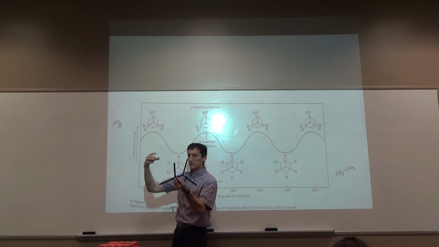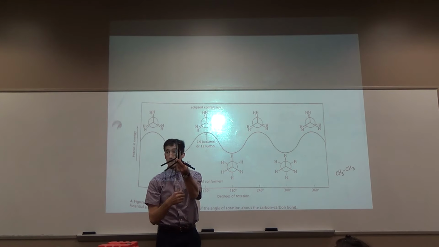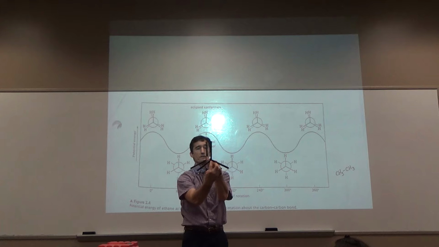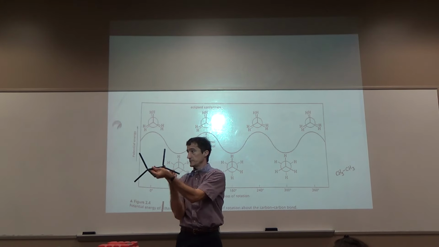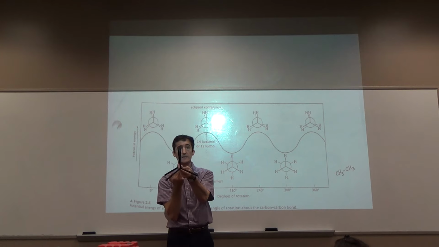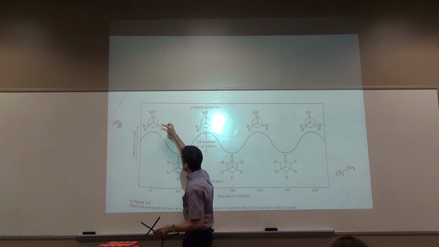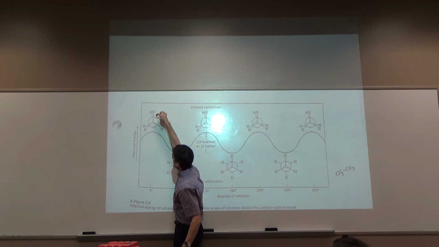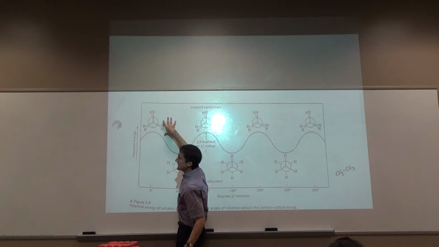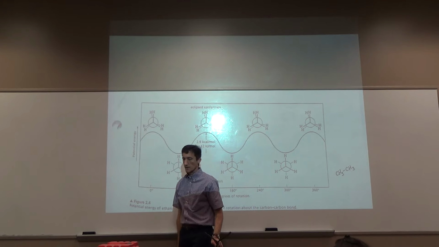This is if you're looking straight through here. What do you see? You see a carbon with 3 H's, and then behind it you see another carbon with H's. So this is behind it. Okay? This is the front carbon. The back carbon you can't see, but you can see those H's coming out from off that back carbon.